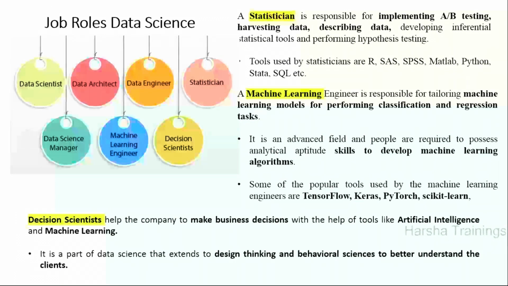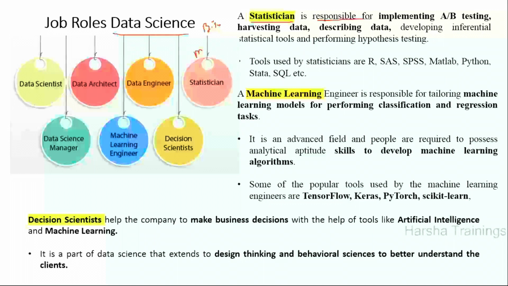Now, the most important thing is that in order to become a data scientist, you should be any graduate. Sometimes data science also needs MSc statistics people, who are called statisticians.